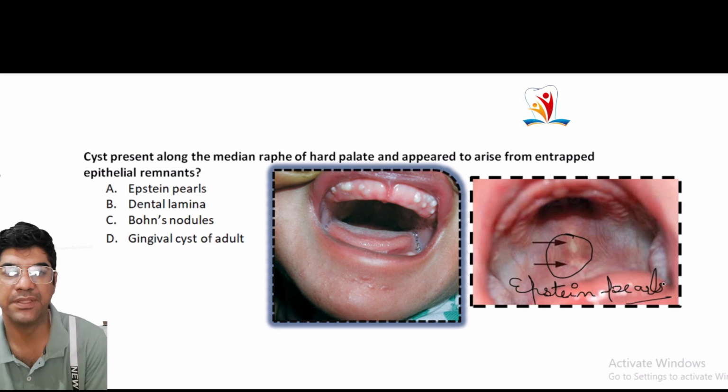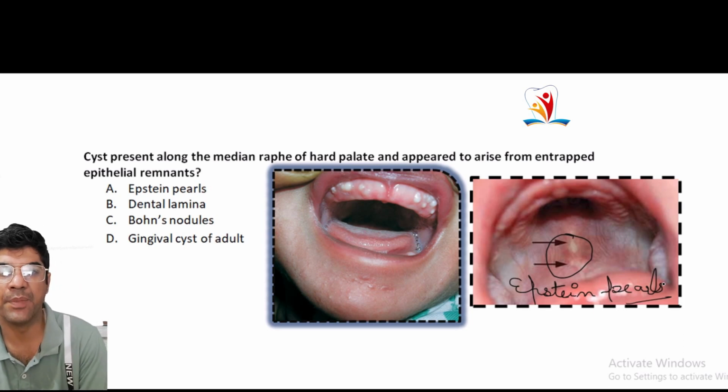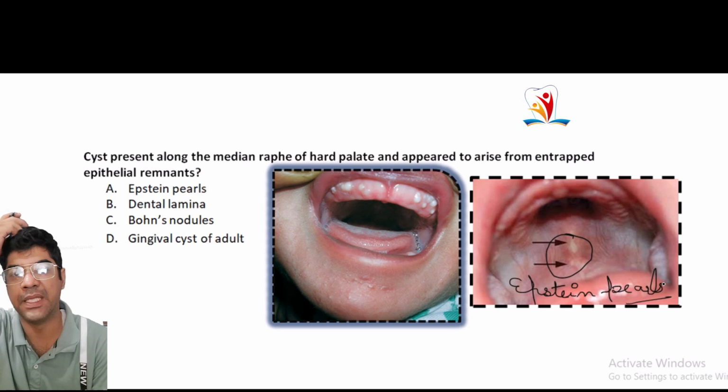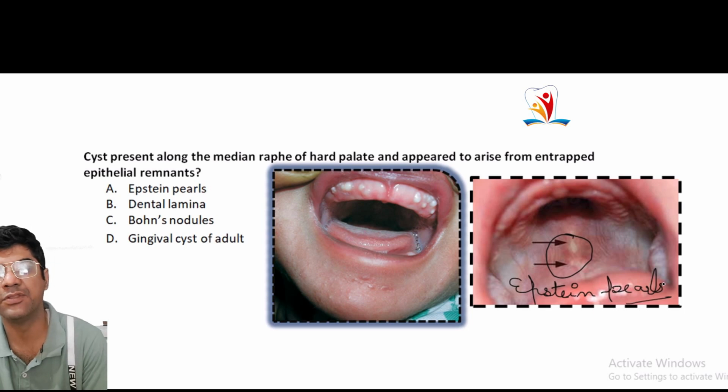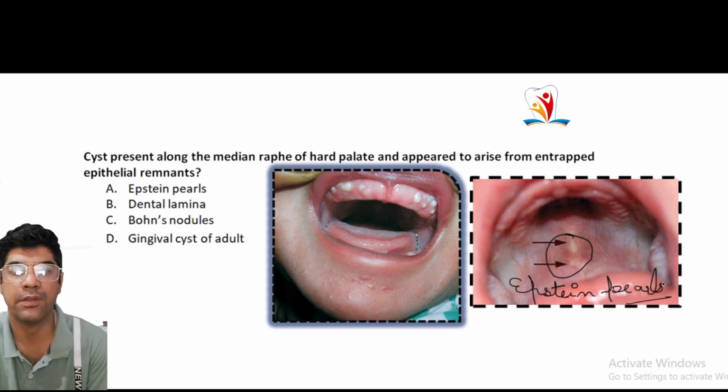So what are Epstein pearls? They are small whitish cysts that appear on the gum along the roof of the mouth in newborns and infants. They are often caused by trapping of the epithelial cells during the development of the mouth. They are usually harmless and tend to resolve on their own.